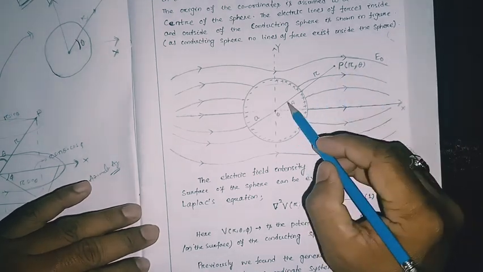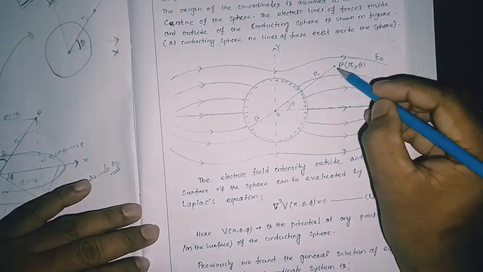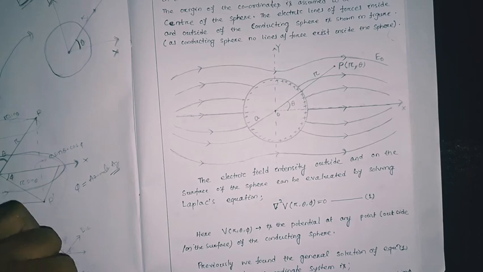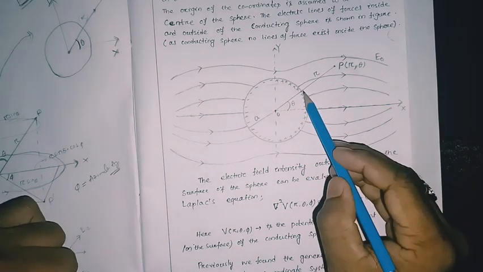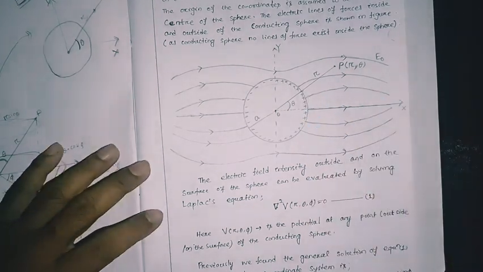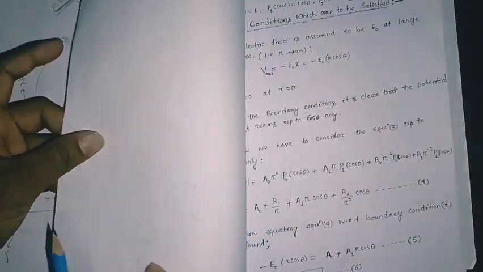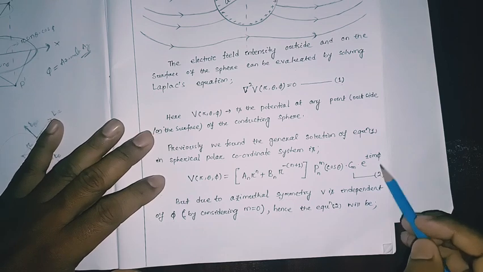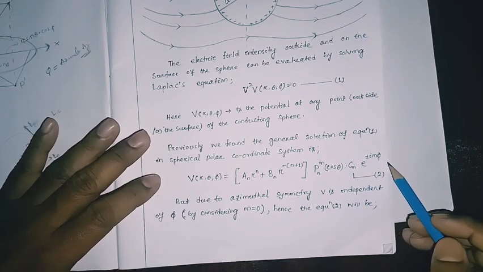This is the distance and this is the angle with respect to x. We are going to find the potential and electric field intensity at point P, then on the surface, suppose at this point.